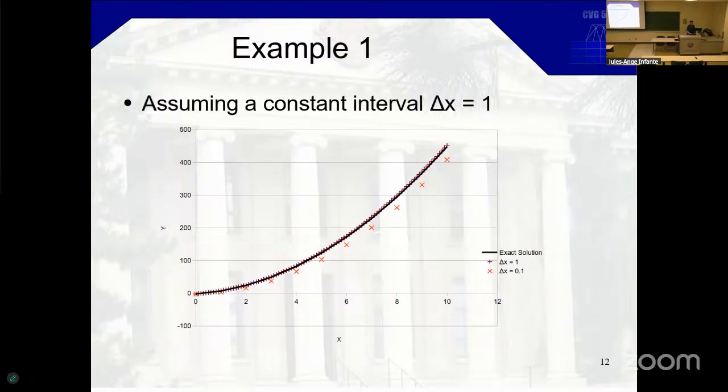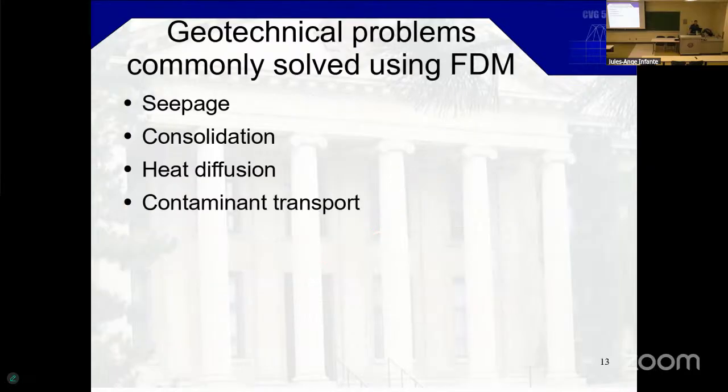Now, we don't solve simple equations like that typically. In numerical methods in geotechnical engineering, we are usually considering cases of seepage, consolidation, often heat diffusion, contaminant transport, or some people will do everything together, right? Because you can mix these, there are many sets of equations.